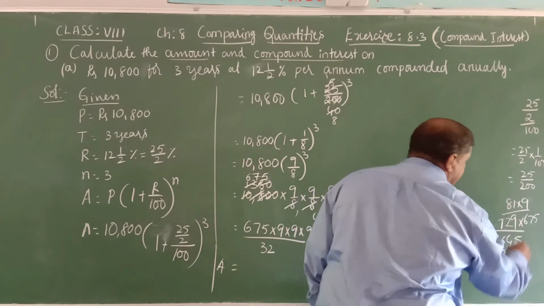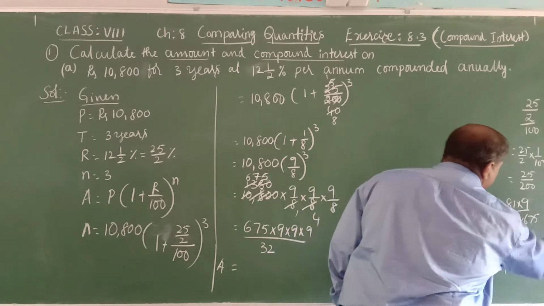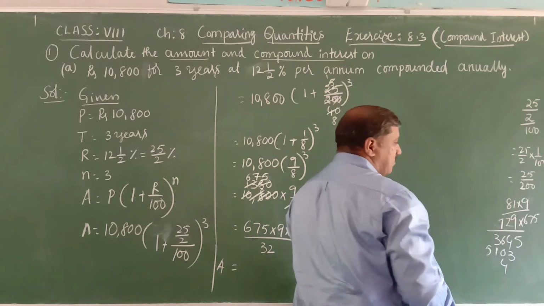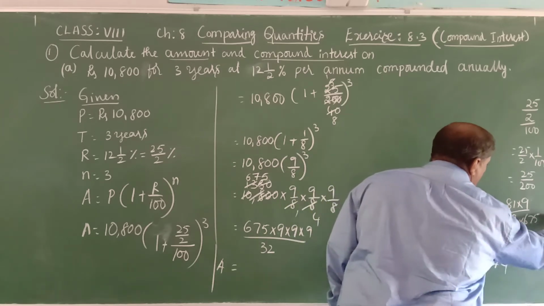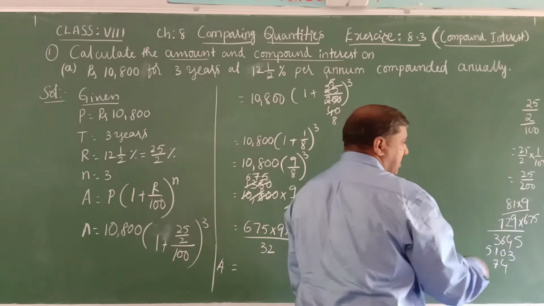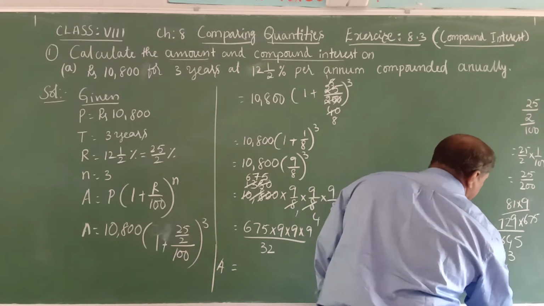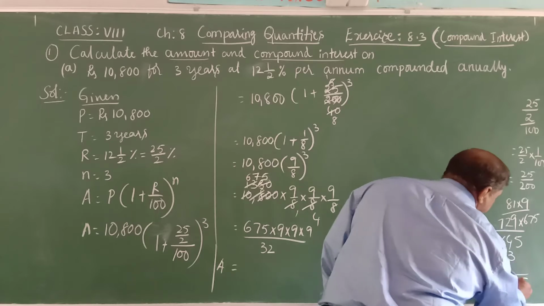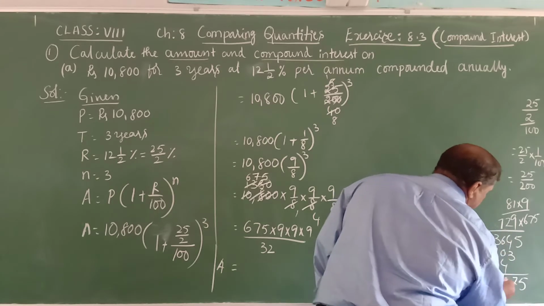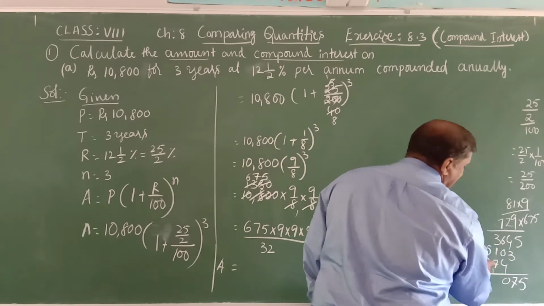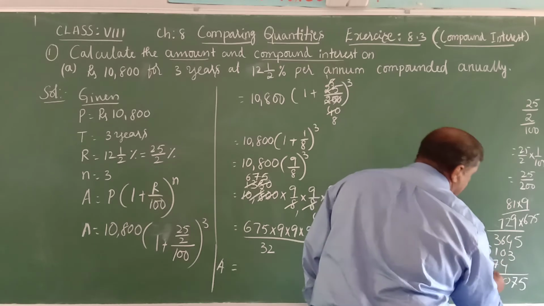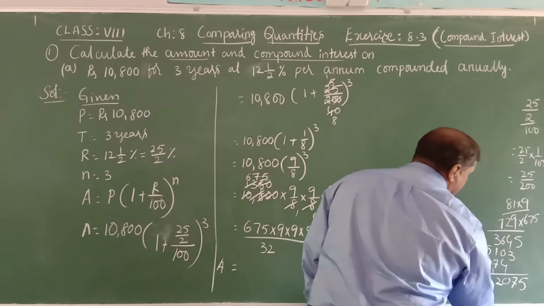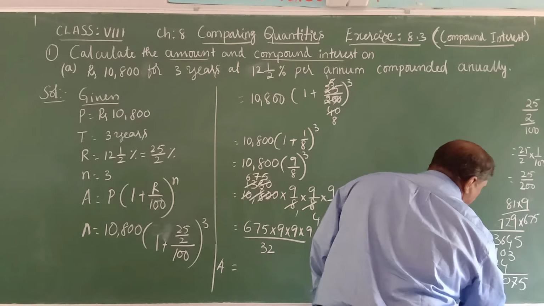Then with 6, 6 nines are 54, 5 is there, 6 twos are 12, 12 plus 5, 17, 1 is there, 6 sevens are 42 plus 1 it is 43. Now add all: 5, 4 plus 3, 7, 6 plus 4, 10, 1 plus 7, 8, 8 plus 1, 9, 9 plus 3 is 12. 5 plus 3, 8, 8 plus 1, 9, and it is 4.